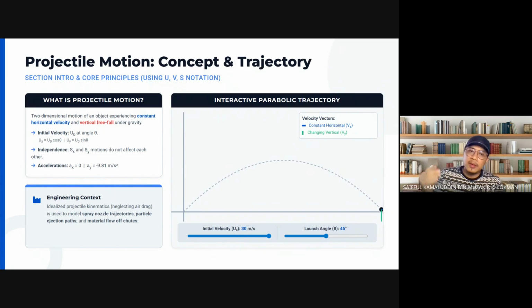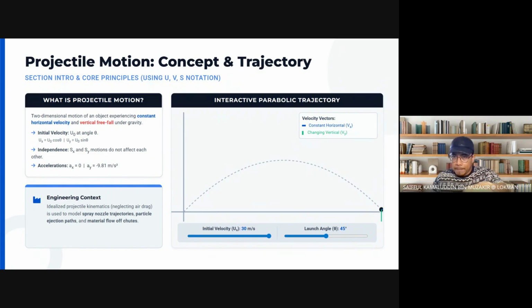All right. So how about the acceleration? I did mention vx, vy, ux, uy, sx, sy. How about ax and ay? In projectile motion, the only one that exists is ay, and ay is our gravitational acceleration. How about ax? Gravity doesn't affect the x-axis movement, so ax always equals 0, because no gravitational acceleration is acting on the x-axis.